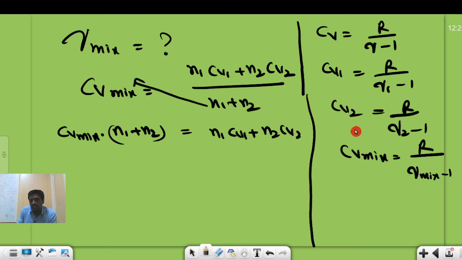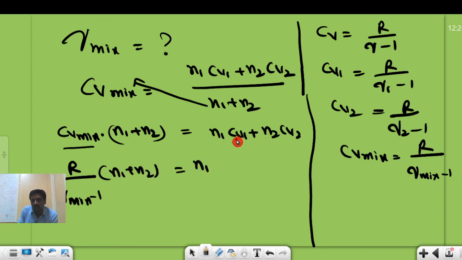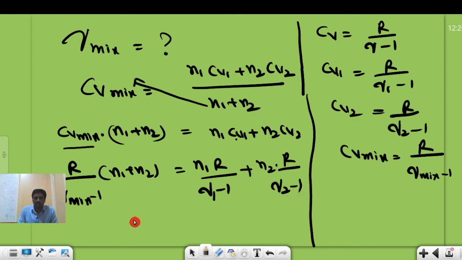Substituting the Cv values in terms of gamma: R divided by (gamma mix minus 1) into (n1 plus n2) is equal to n1 into R divided by (gamma1 minus 1) plus n2 into R divided by (gamma2 minus 1). This is the formula we are having.